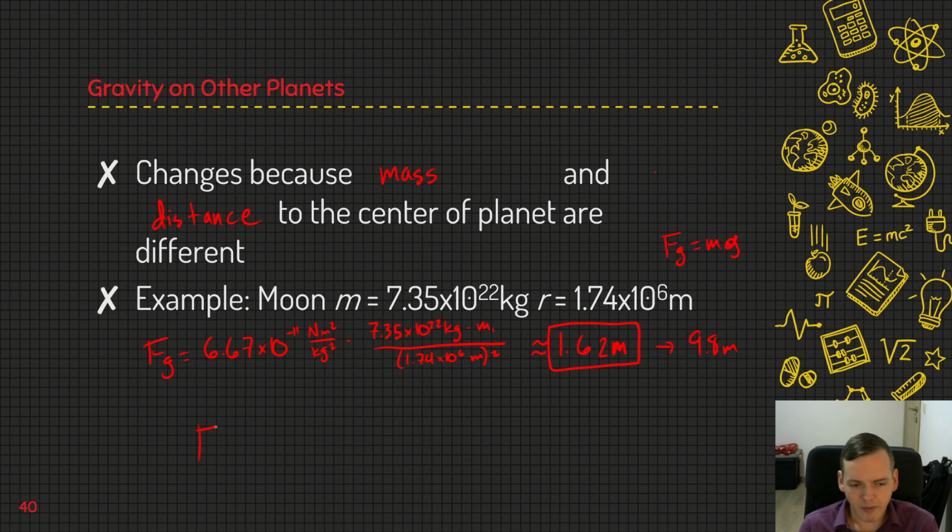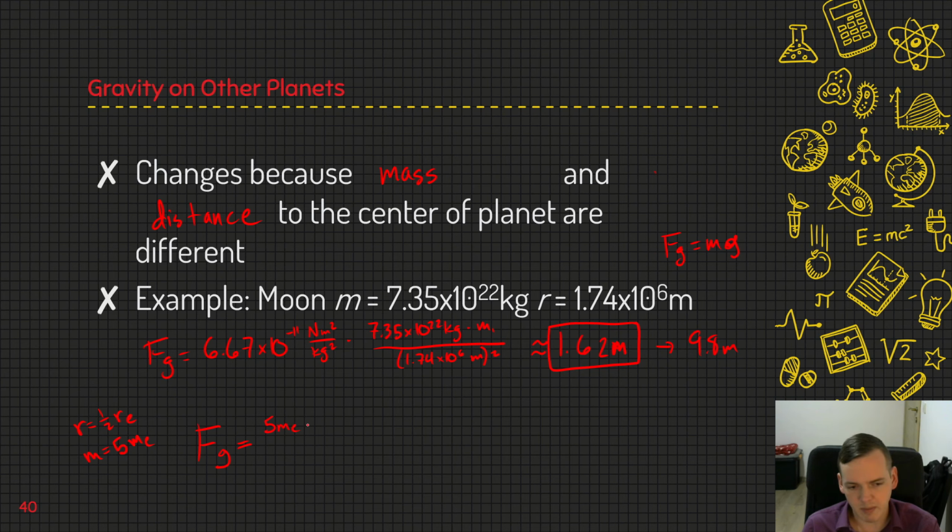Now, what you'll often see on the AP test, just as a heads up, is they might say a planet with r equaling 1/2 r of the Earth, and the mass equaling 5 times the mass of the Earth. And they might ask, how does the gravitational force compare? Well, it's pretty straightforward. You just plug those numbers in.